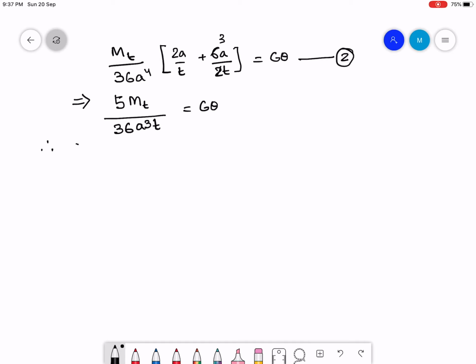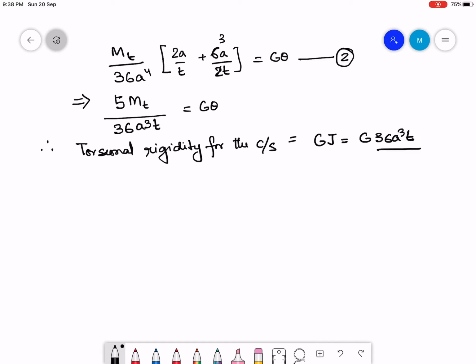Therefore, torsional rigidity for this cross section is going to be G into J. So mt is equal to GJ theta, and GJ is going to be G 36 a cube t by 5.